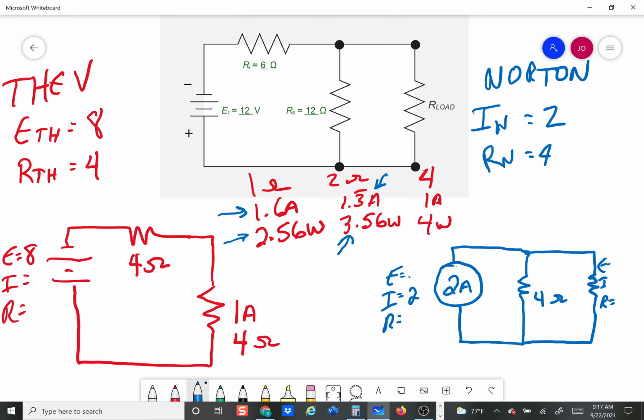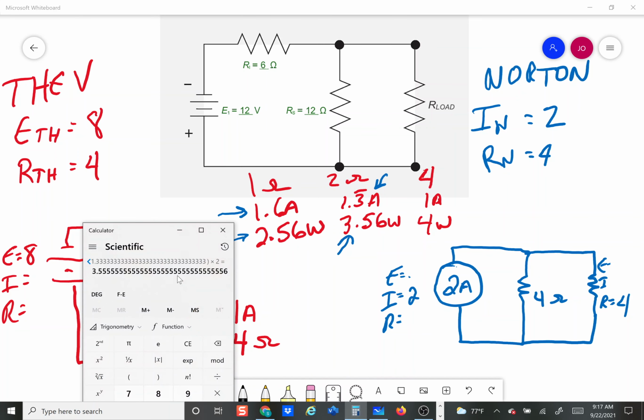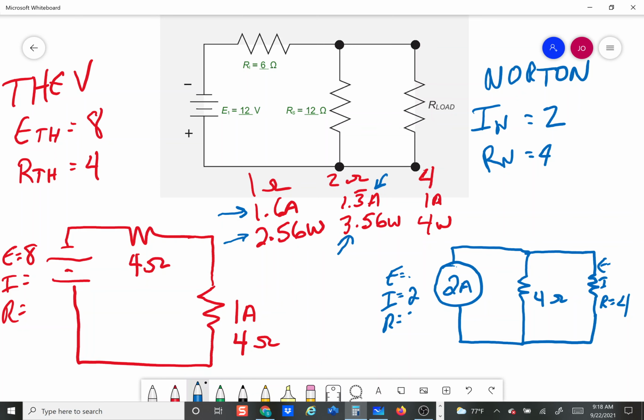And now last but not least, we will go ahead and make that a 4 ohm resistor. And I have product sum, so 4 times 4 is 16. And I'm not trying to sound shitty, but if you actually need to multiply the 4 times 4 on your calculator, then knock yourselves out. I'd rather you did that than miss it. So 16 divided by 4 plus 4, which is 8, is going to give me 2 ohms of our total.